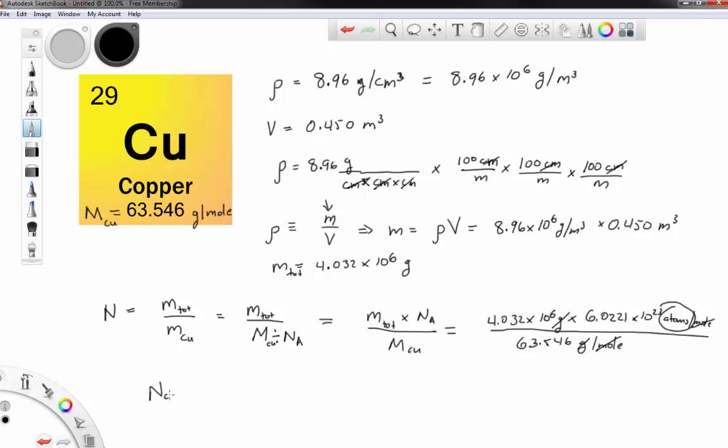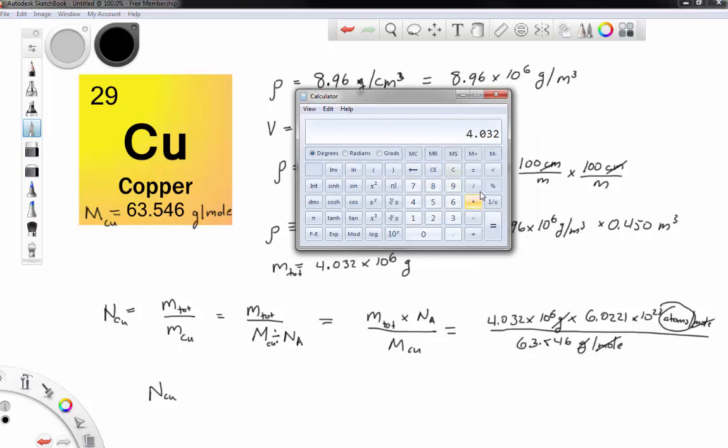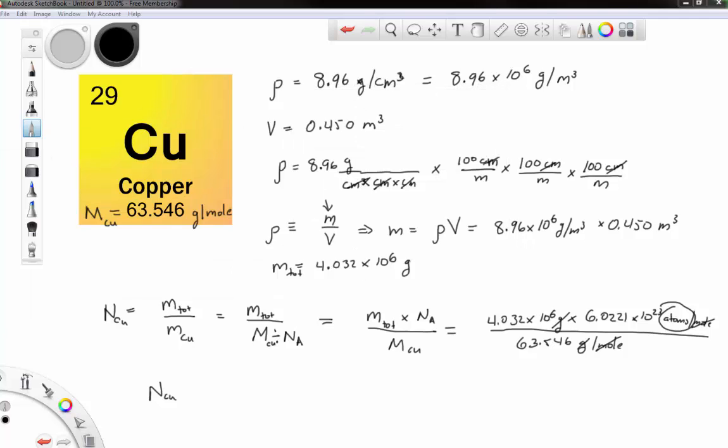So the number of copper atoms can be found now by using the calculator. So we have this guy times 6.0221, and then we can divide that by 63.546, and so we get 0.3821. So let's write that here.